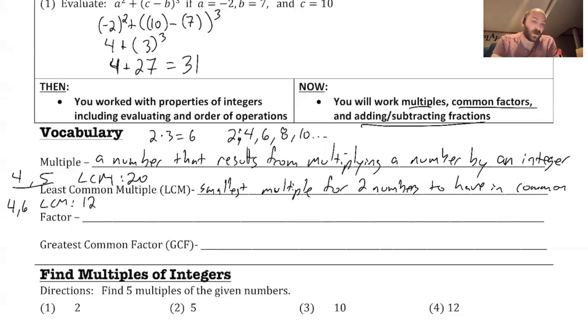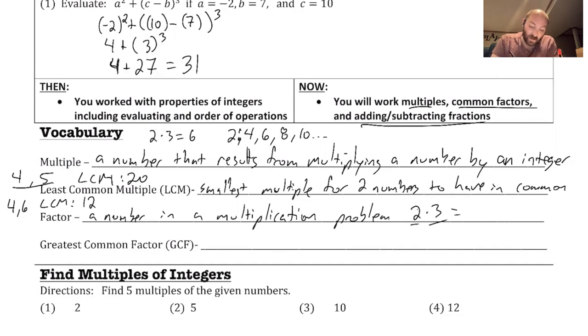Okay. Factor, a number in a multiplication problem. So for example, if I do 2 times 3, these are both factors. 2 and 3 are factors.